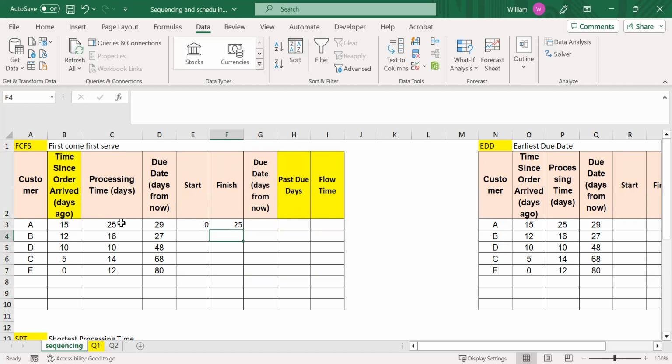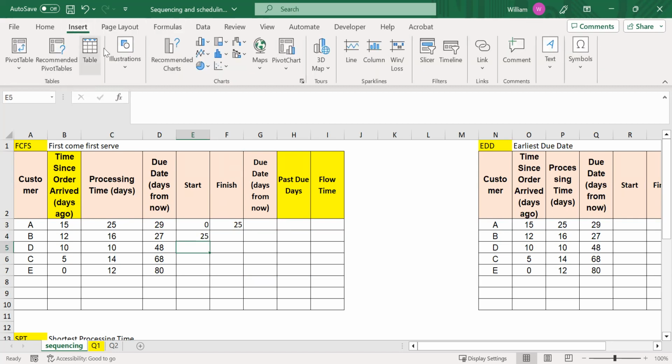And as soon as we finish that first job, we're going to start the next job, okay? So the finish time for one job becomes the start time for the next job. So I know I'm going to be starting the next job on day 25 for customer B, okay? So keep that in mind. You're going to be dropping down that value, let me just put in an arrow.